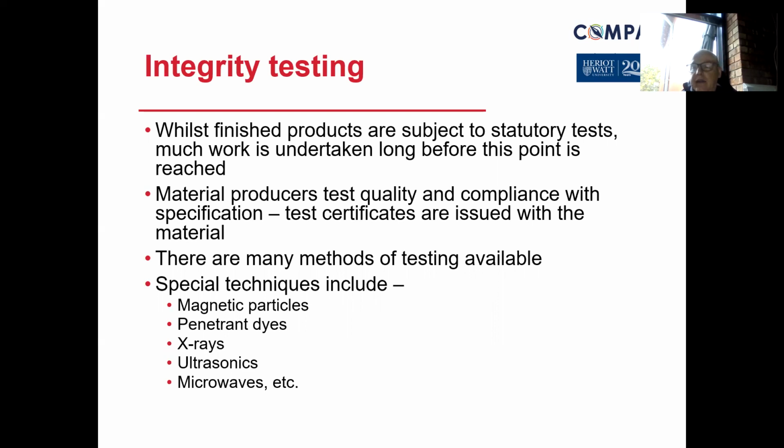Now, obviously once you've tested something and you have that information, you don't want to then destruct it. And therefore there are some methods that use the information that we know about these materials to a degree, and we use that as part of the judgment.